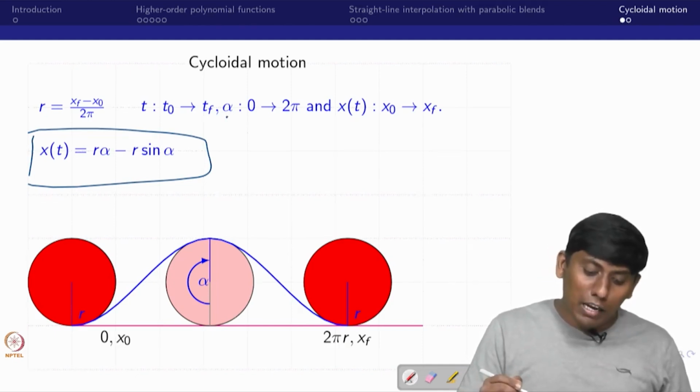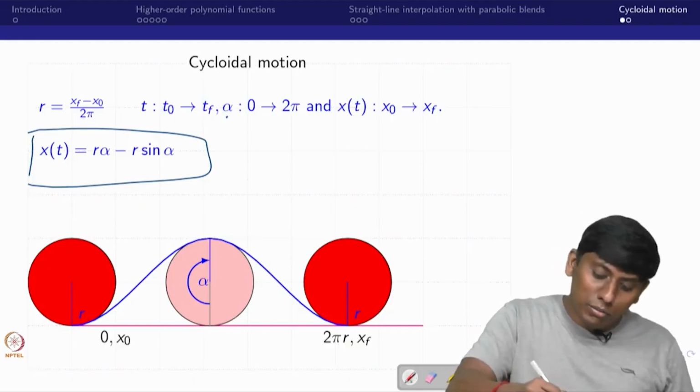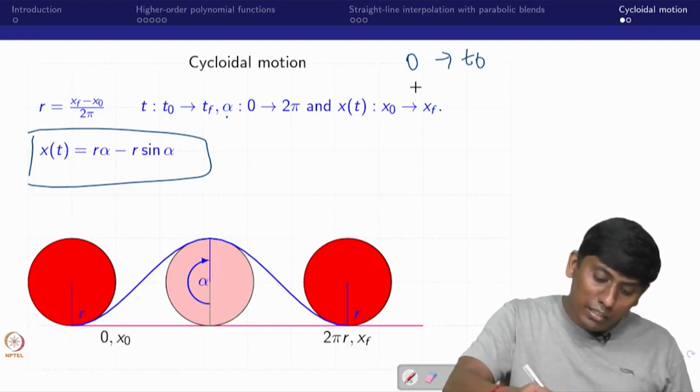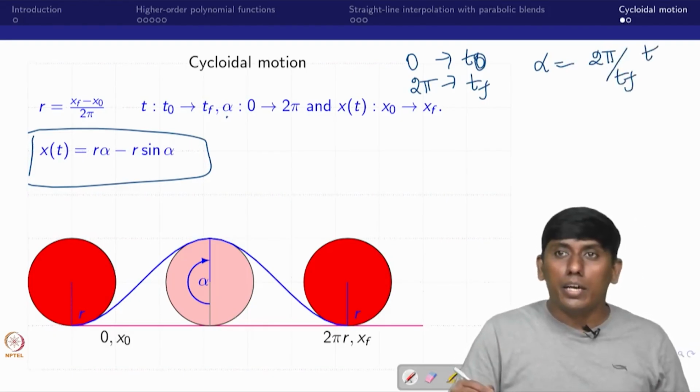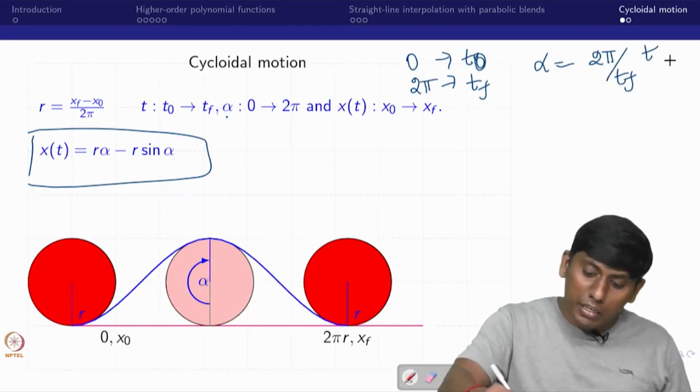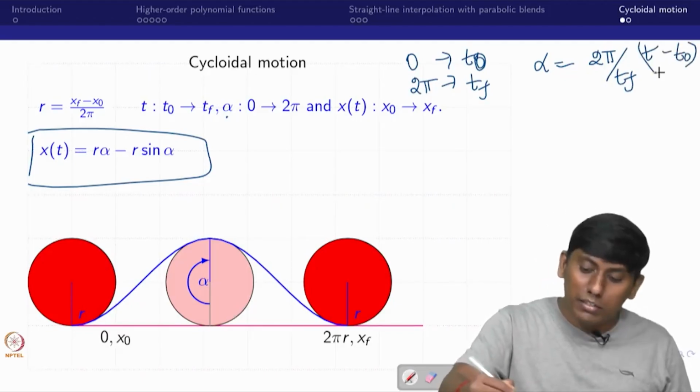So how can you find alpha in terms of t? 0 equals t0, and 2 pi equals tf. In that sense alpha can be written as 2 pi by tf into t, right? Even if I write strictly, it is t minus t0.